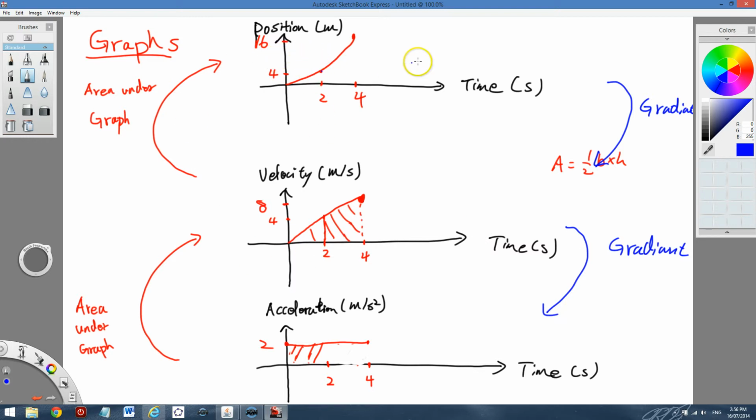The other way around, the gradient of the position time graph gives me velocity, and the gradient of the velocity time graph gives me acceleration. So what I'm going to ask you to do is please copy this down in your notes or write this down in your cheat sheet.